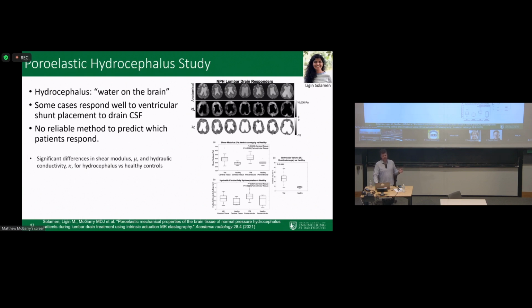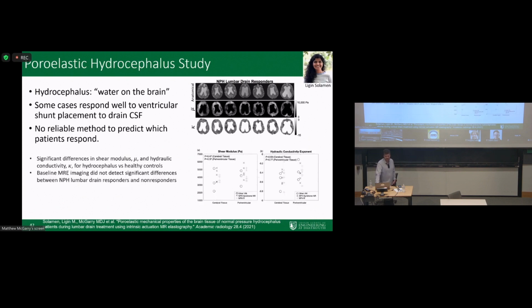That's interesting: this is the first time anyone's ever detected contrast in the hydraulic conductivity between a disease state and non-disease state, but it's not all that useful because it's also very obvious that there's something going on with these people just from the size of their ventricles.